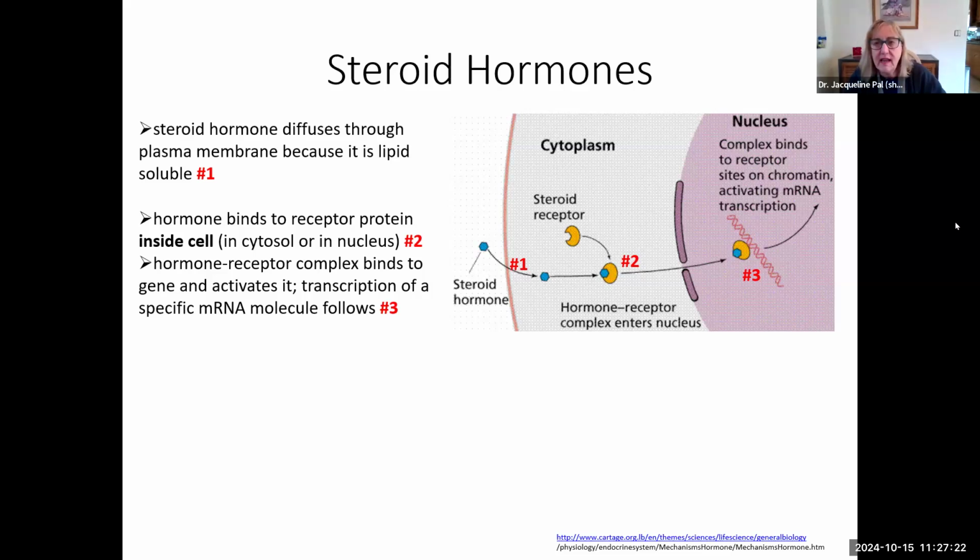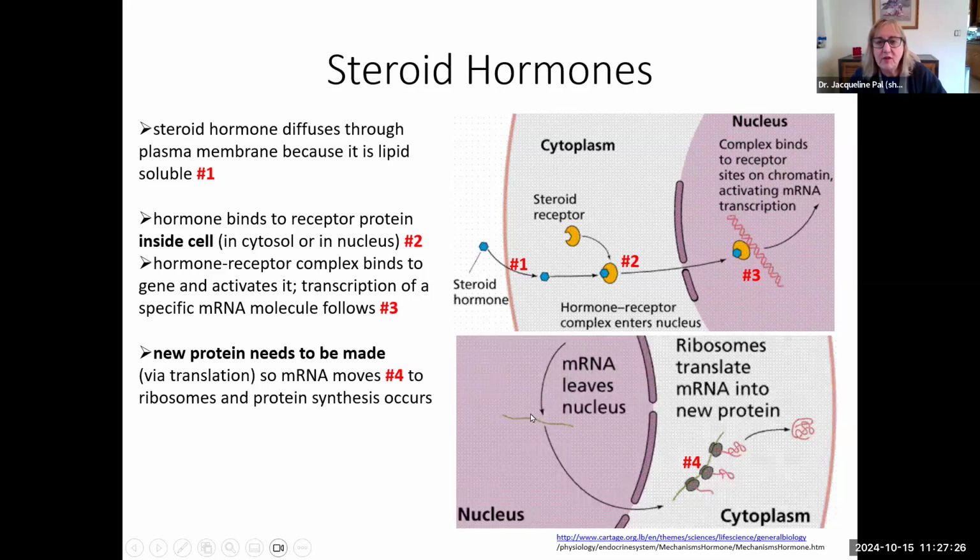And we all know what's going to happen to that messenger RNA. It's going to have to exit the nucleus through the nuclear pore, attached to ribosomes, and now we're going to have translation and create a new protein. And so this process of transcription and translation takes time.